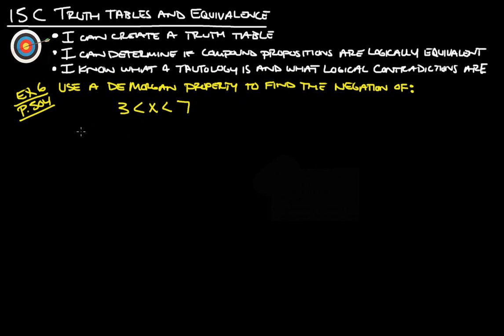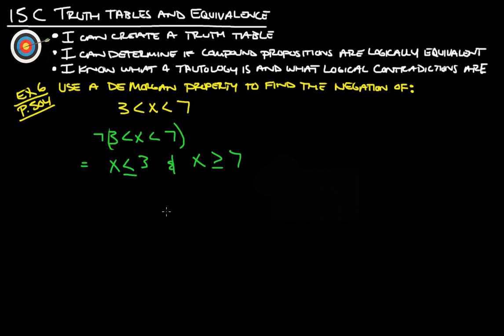So, not 3 less than x, which is less than 7, is going to be the same thing as x is less than or equal to 3, or x is greater than or equal to 7. So it's basically just the complete opposite of this statement here.